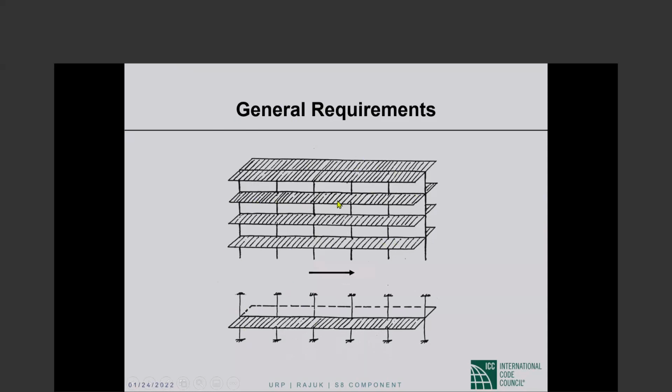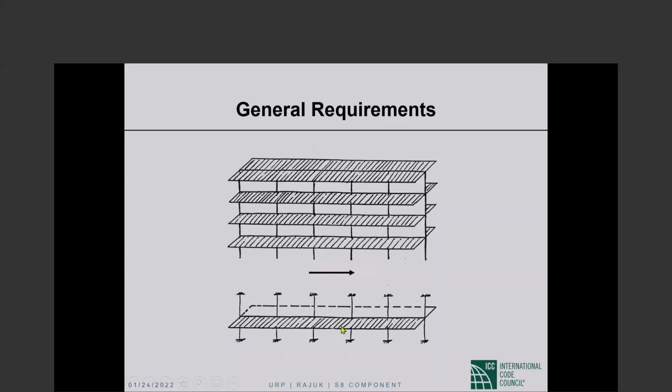We can take a slab strip on any particular level as shown in the picture, and then we can take the columns that are directly supporting the slab strip. The columns above the slab strip will be considered fixed at the upper level, and then the columns below the slab strip will also be considered fixed at one level below. So this is our slab strip at a particular level.